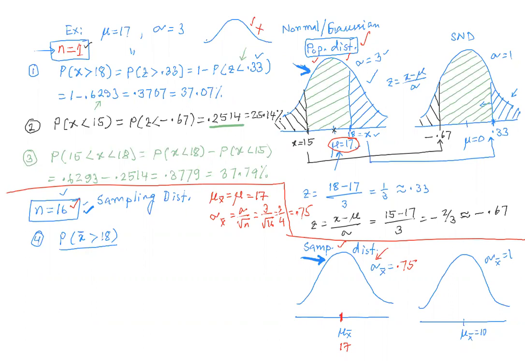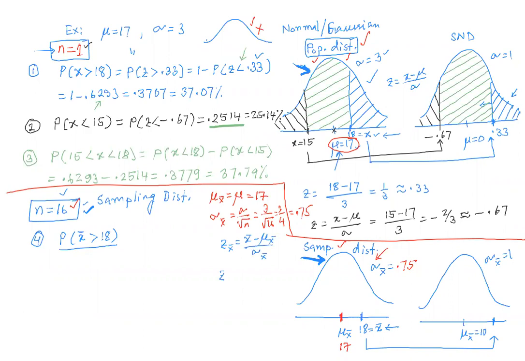So 18 is going to be somewhere here, right? Let's say this is my 18, that's x bar, it's not x anymore. Here it was x. Now here it is going to be x bar because we are considering the average of 16 people. Now that's going to map to some number here. So we are going to find that number. So z sub x bar is equal to x bar minus mu sub x bar over sigma sub x bar.